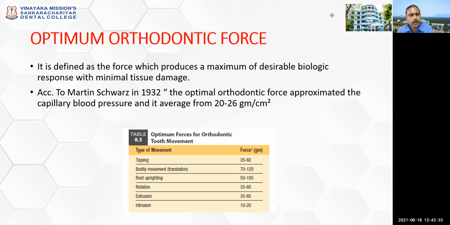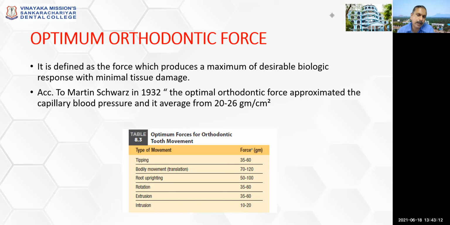Intrusion is also a movement where very light force is to be applied, because in intrusion the root is pushed from the crown area more gingivally, in an upper or lower dentition. The apex of the root hits the alveolar bone, and the bone has to remodel for intrusion to happen.